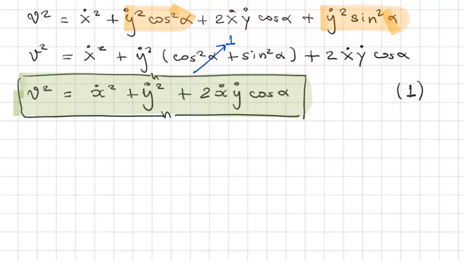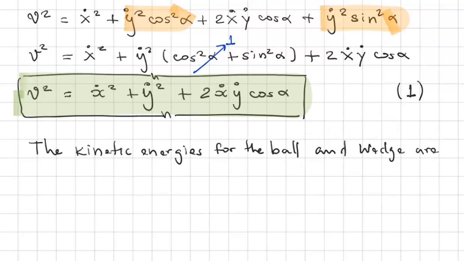These kinetic energies are given by, first, the kinetic energy for the ball: T for the ball is equal to 1/2 of the mass times the velocity of the ball squared.